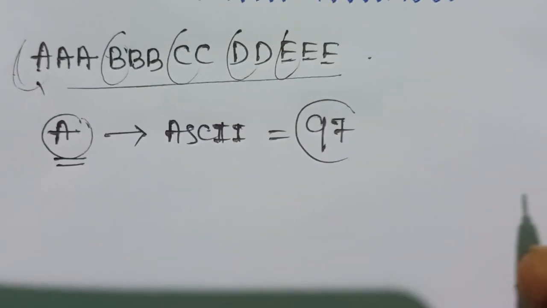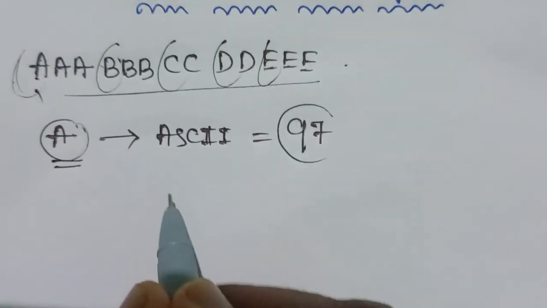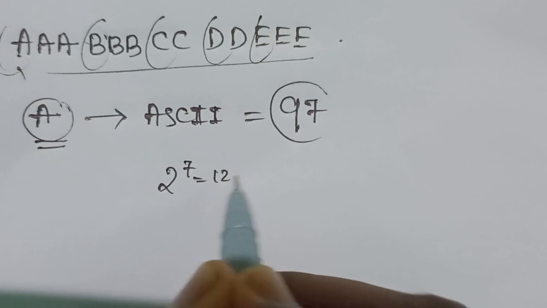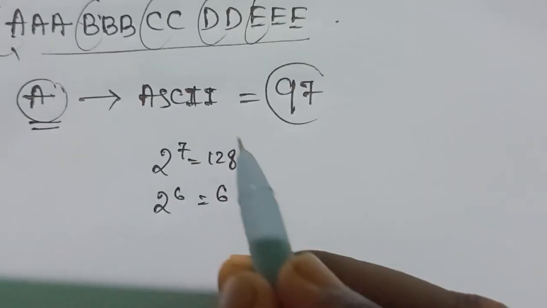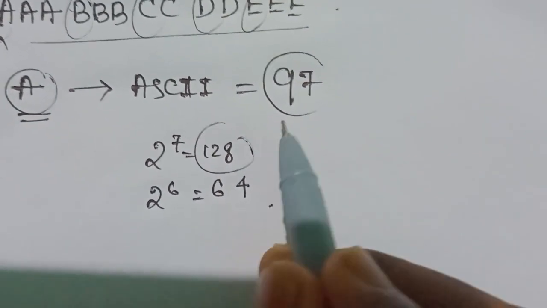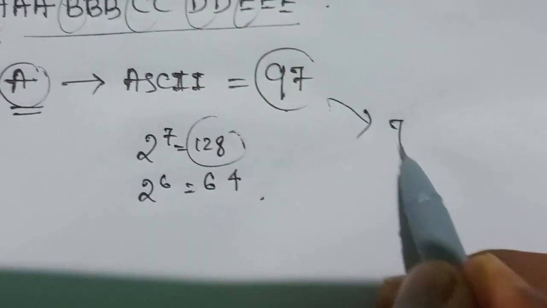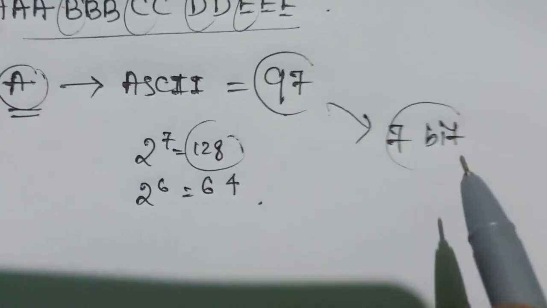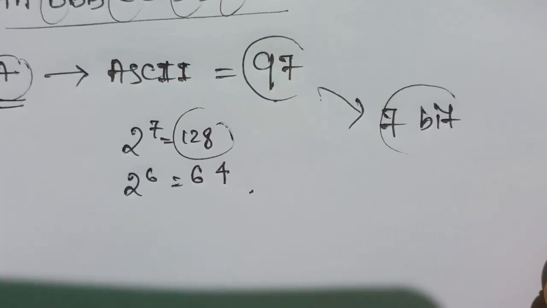So if I want to represent 97, then how many bits will be needed? 2 to the power 7 is 128, 2 to the power 6 is 64. So 97 is more than 64, so we cannot represent 97 in 6 bits. It will take 7 bits. So if I want to represent A, I need 7 bits.